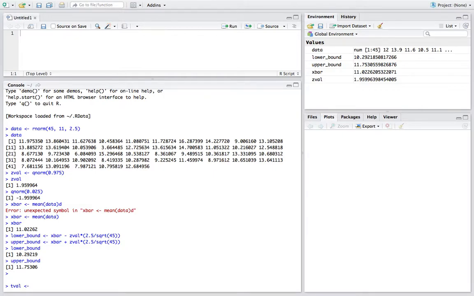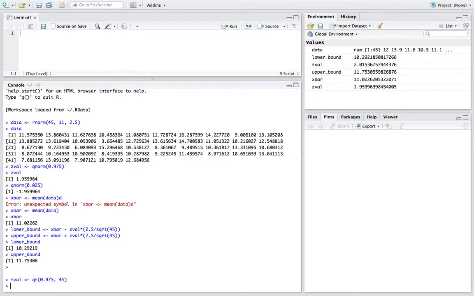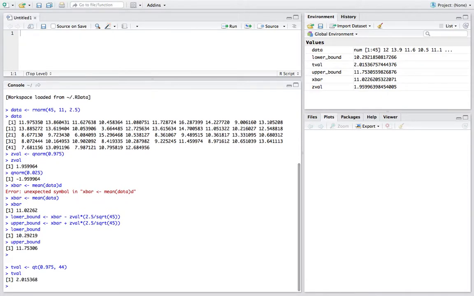In this case, instead of using the qnorm function, we'll be using the qt function. That stands for quantiles of the t-distribution. And again, the t-distribution takes two parameters, the alpha value, which if you'll remember is 0.975, and the degrees of freedom, n minus 1, which in this case is 44. Looking at that gives us a t-value of 2.01.